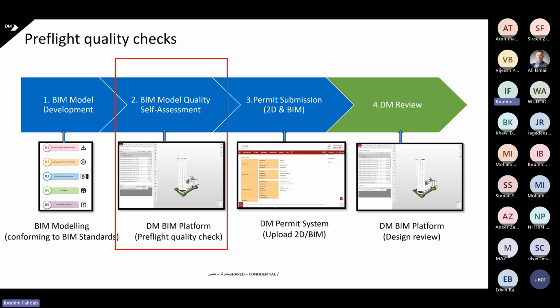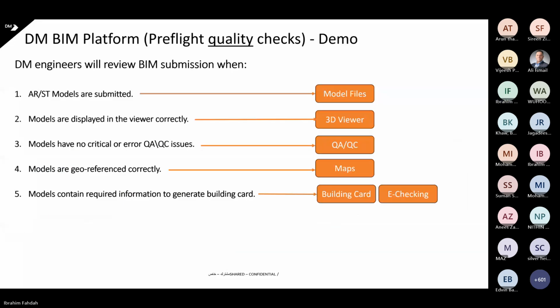It's just a digital online cloud 24/7 service available. So that's what I will try to cover in the demo I will show shortly, how you take your BIM submission, the zip file, upload it to the platform, and carry out some quick checks, maybe 5-10 minutes only, to ensure that the quality of your submission is acceptable for DM to look at it when you apply for a permit.